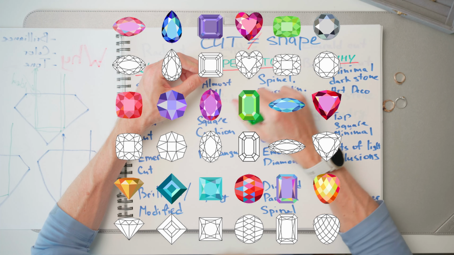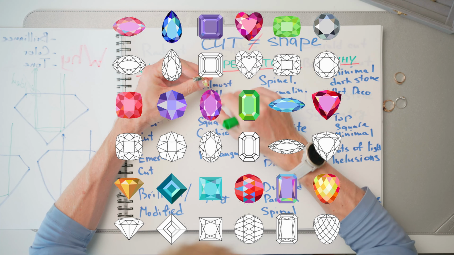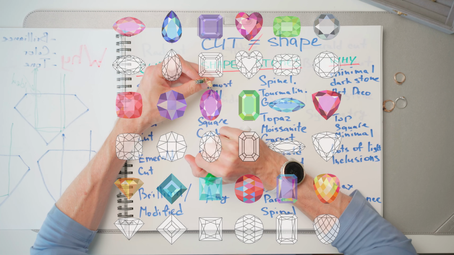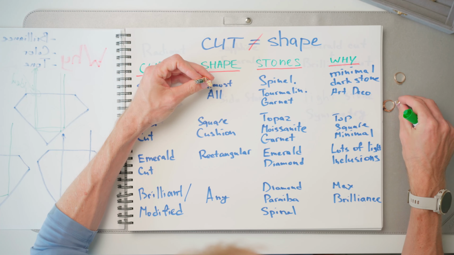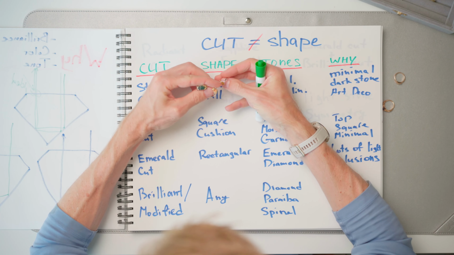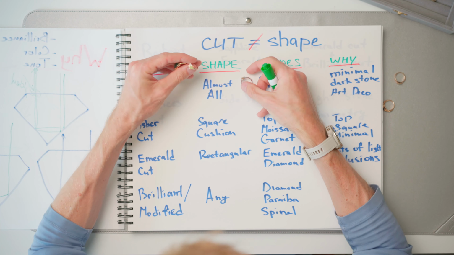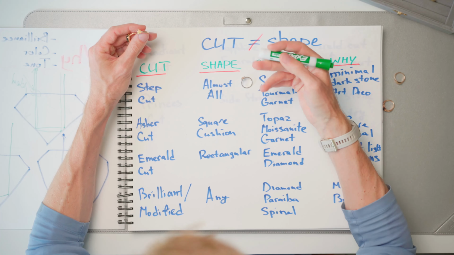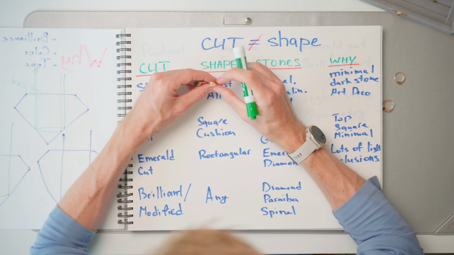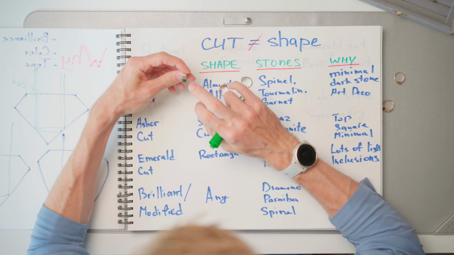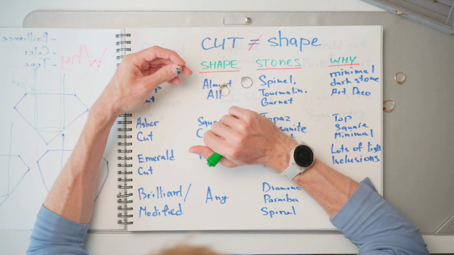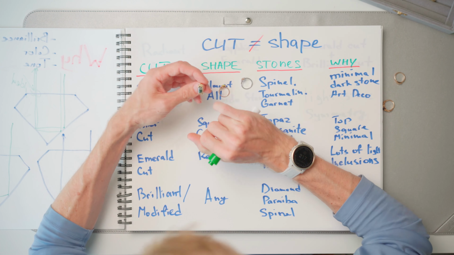The shape of the stone is talking about the shape of the stone, right? Rectangular shape of the stone, for example, or the trillion shape, like right over here, or the pear shape, like right over here, right? And the cut refers to the cut itself. For example, this is a step cut, and each cut has its own specifics.